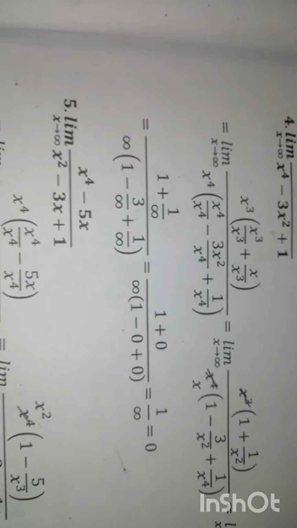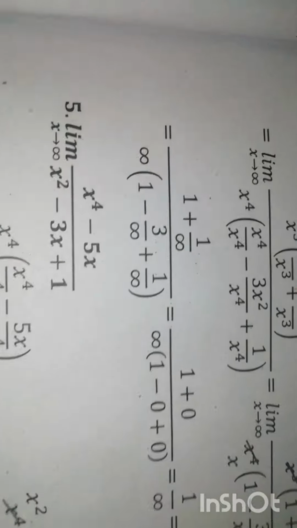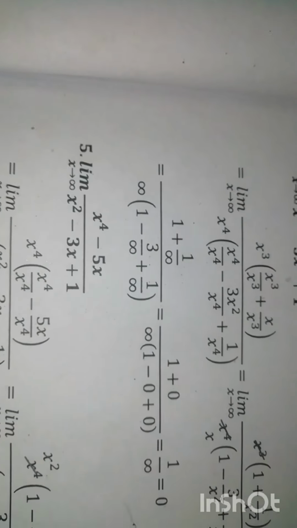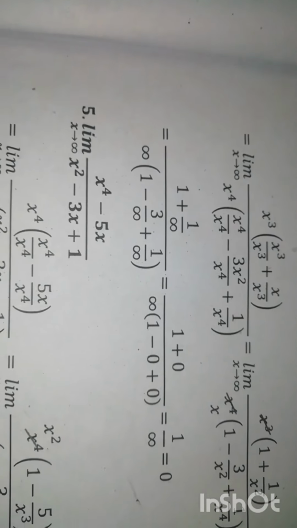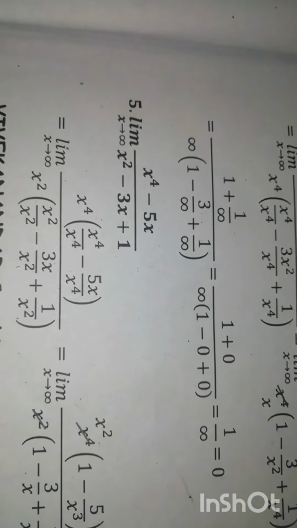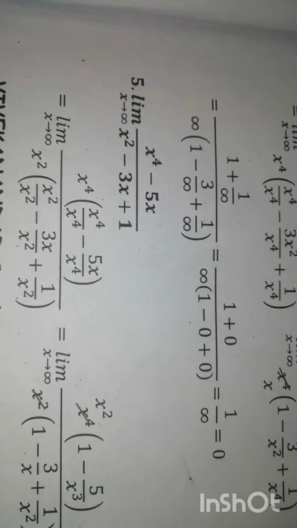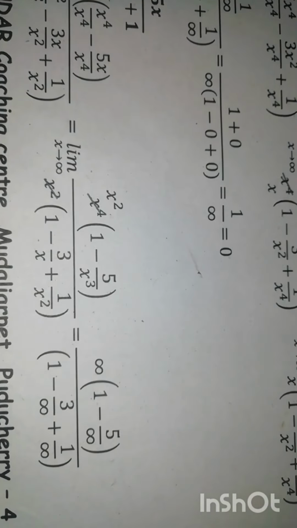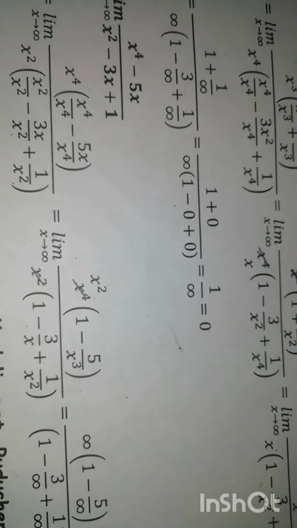That fifth sum also, x tends to infinity. Yes, in the numerator you can take out x power 4, in the denominator x square. Substitute x infinity into 1 minus 1 by infinity, 0.